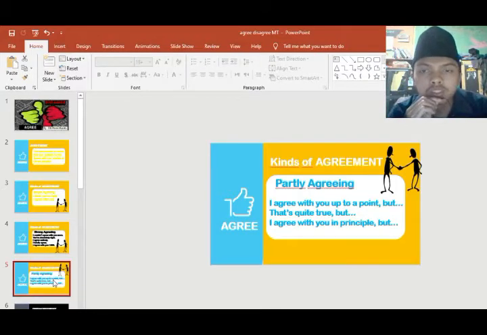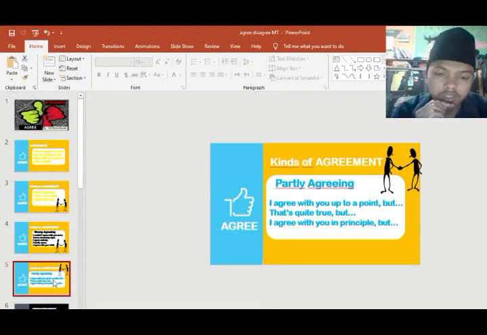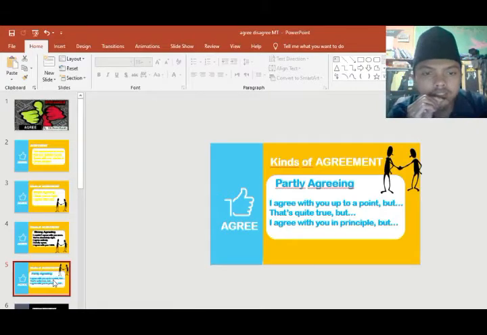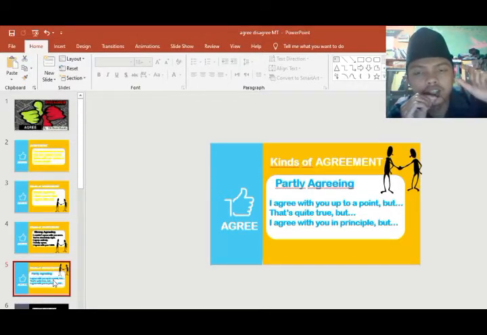For example, when you are in a discussion with your friends in the class and you agree with one point of your friend's opinion, but you have some point that you disagree about, you can use a partly agreeing expression.